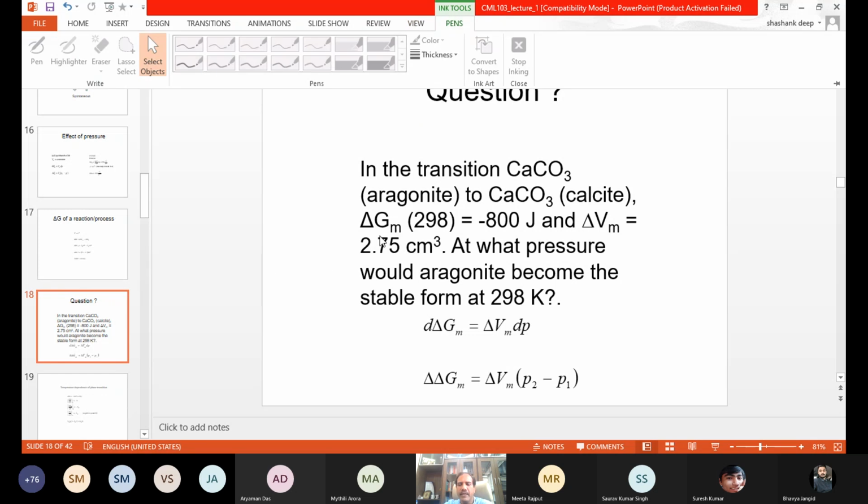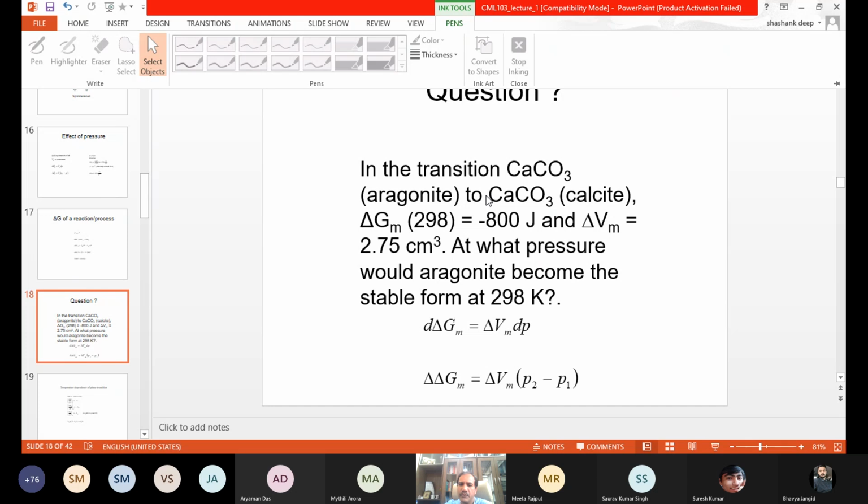Anyway, in the transition of calcium carbonate, what I was talking about is that this is a spontaneous process, meaning that at 298 K calcite is the stable form, and that's why this is a spontaneous process. Is there any question?